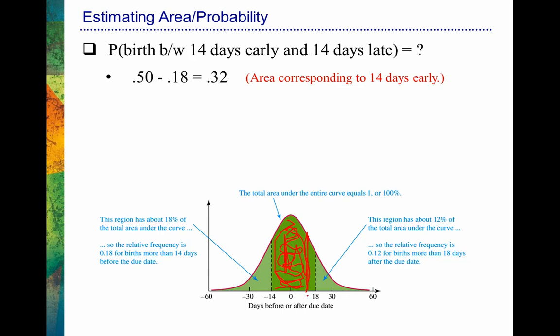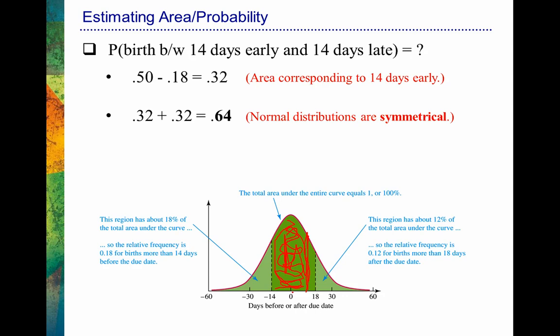So in this case, I should be able to take this 32% that I've just computed right here and add that to another 32% because I know it's equal to this value right in here. And then I can find the area altogether. So in this case, I can take 32%, add 32%, and find a value of 64%, or a probability of 0.64. And again, that's because these distributions are symmetrical.